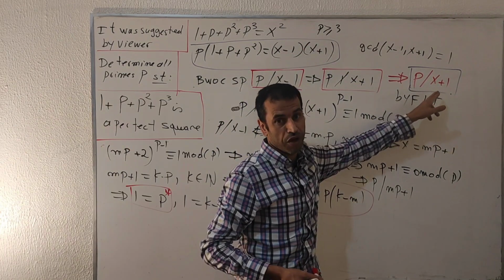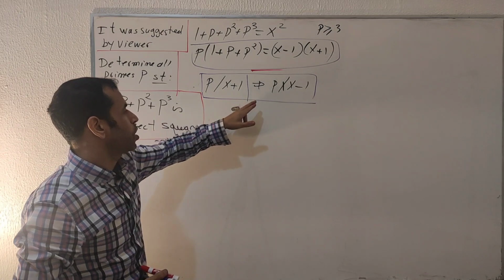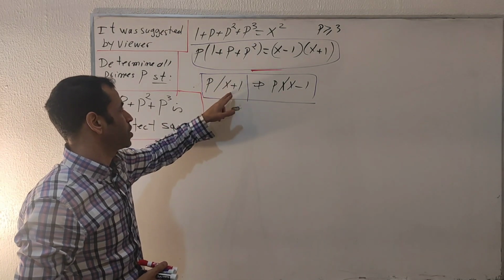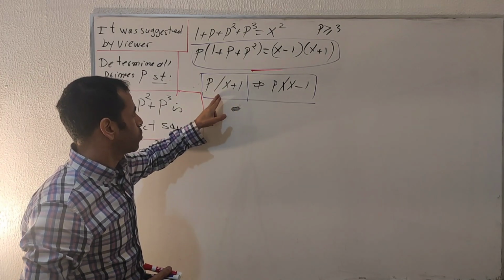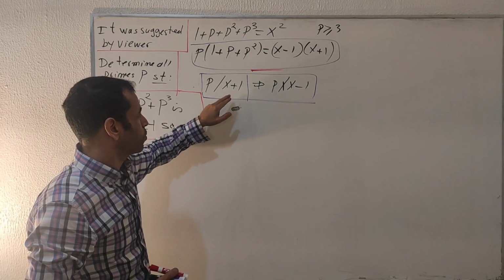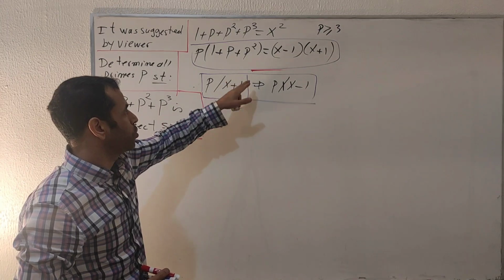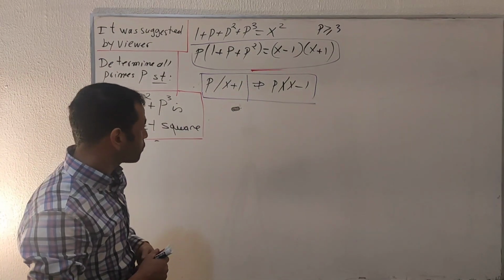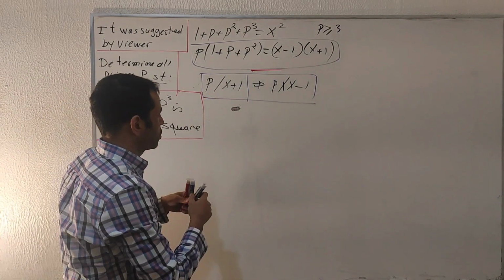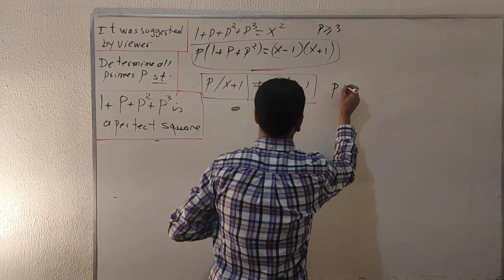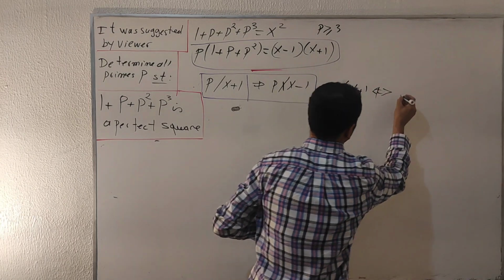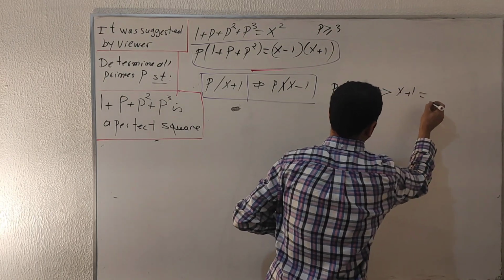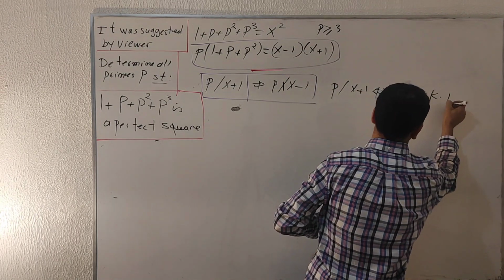Now we are ready for the next step, which previously we were arguing to prove p divides x plus 1 and came up with this nice result, which is true. So we know p divides x plus 1, so I'm going to use this fact in order to find p, okay? So what this one is telling us, p divides x plus 1, according to the divisibility statement, x plus 1 equals k multiplied by p.